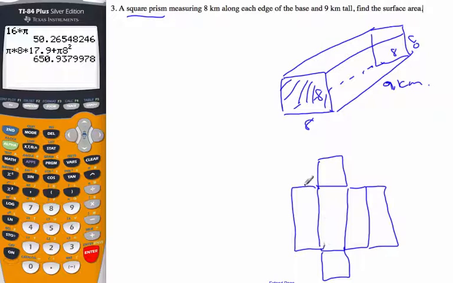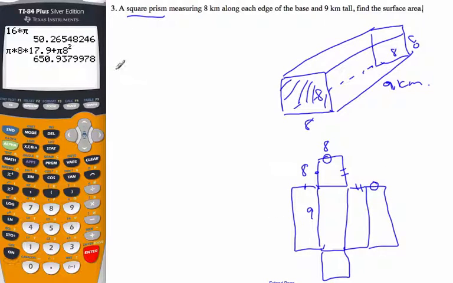This side corresponds here, this side corresponds there, and if you fold it up, this side will correspond to that. Each side of my square has a rectangle associated with it. The measurements are 8 by 8, and this distance is 9. Now I just have to add up all these rectangles.